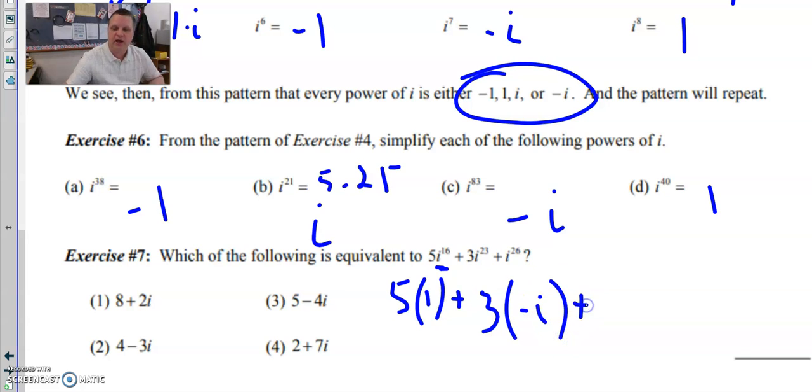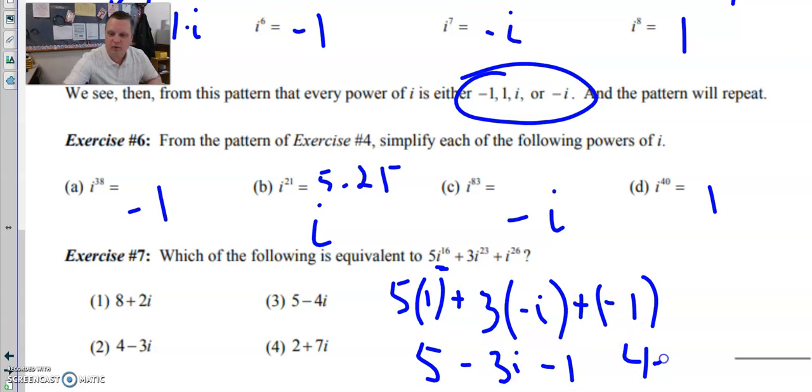And then plus I to the 26. 26 divided by 4 gives you 6.5, so you have your 0.5, which is -1. Now we have 5 minus 3I minus 1, and we get 4 minus 3I, which is choice 2.